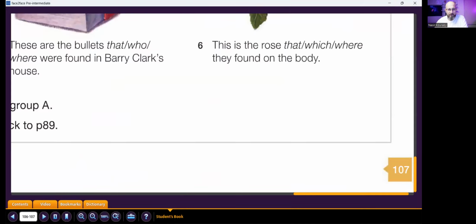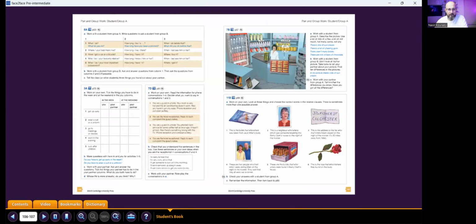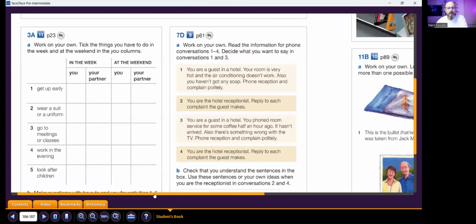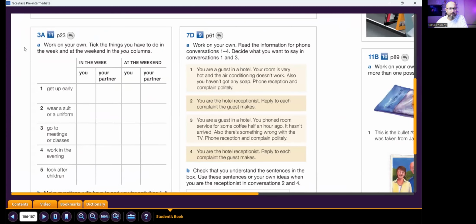We'll do it together. Okay, so here we have a table. Okay, we have this exercise, 3A.